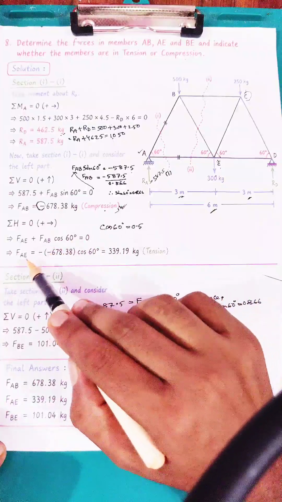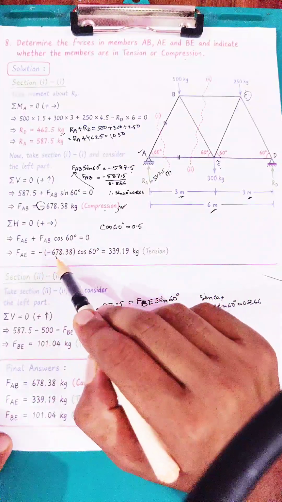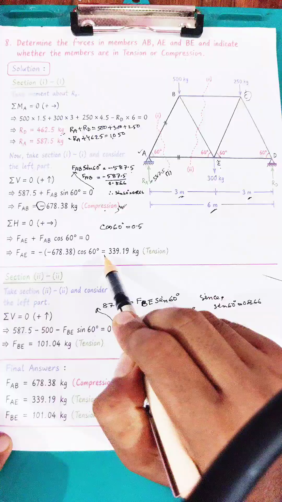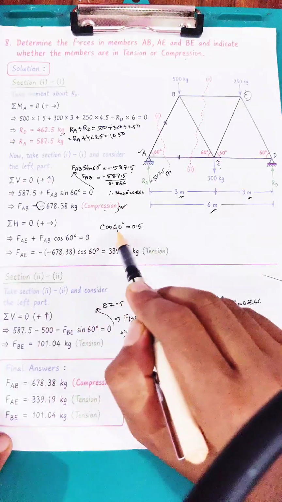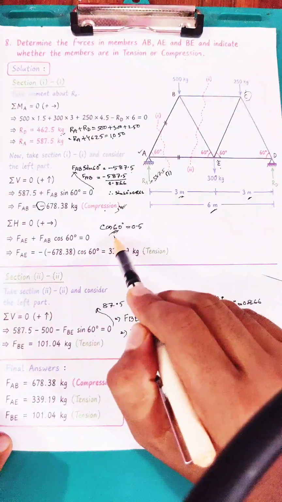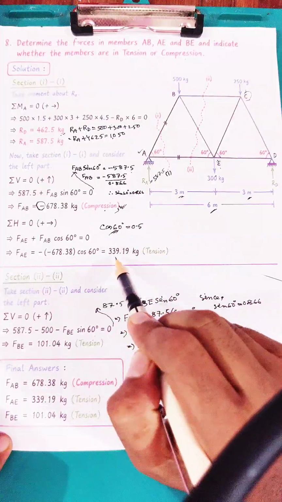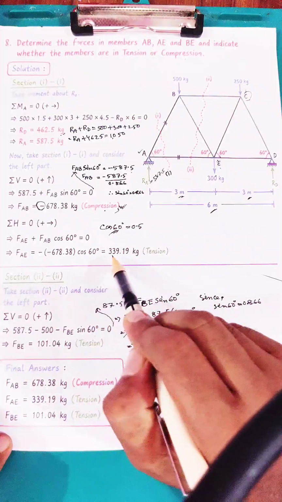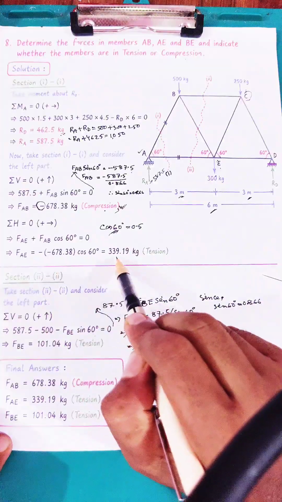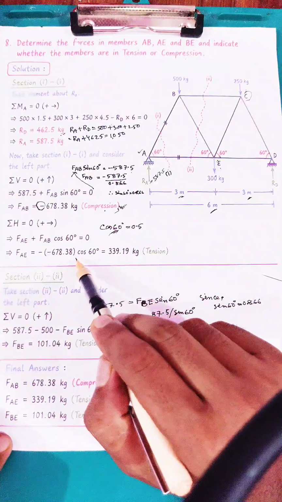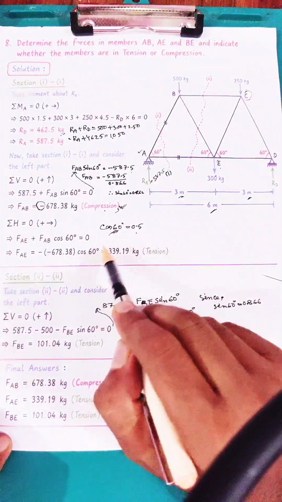So FAE plus minus 678.38 cos 60 degrees equals 0. Then cos 60 degrees equals 0.5. Then FAE equals 678.38 times 0.5.